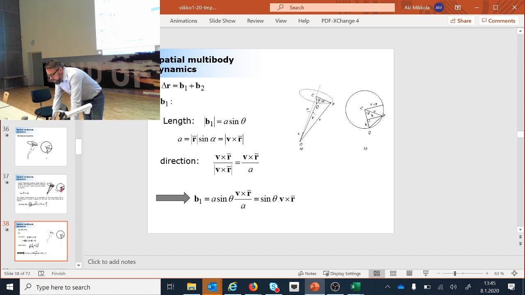For B1 first, once I want to describe the vector B1, I need to know its length and I need to know its direction. The length I can get by simply using the sine of the angle, and A is the radius of this circle here, and that can be expressed by using a cross product of vector R and vector V. I know that this is very complicated, no worries, because I'm not going to ask anything like that in a written exam.